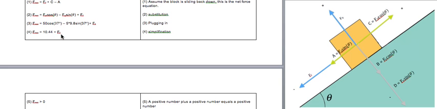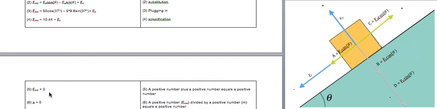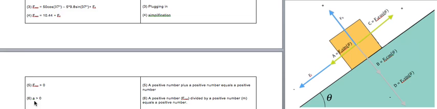So given that this is a positive number and this is a positive number, we know that the net force is a positive number. Now what that means is that the acceleration is also a positive number if the velocity is negative, if it's going down the incline. And we know that because the direction of the acceleration is the same as the direction of the net force.